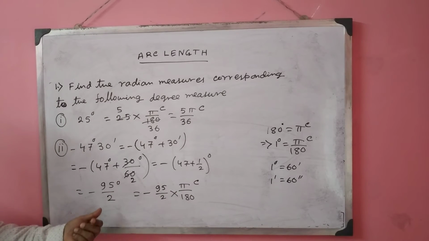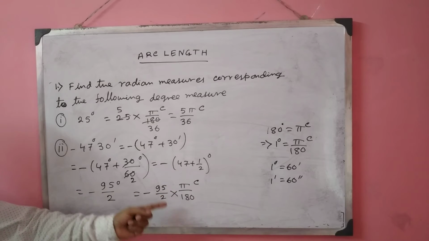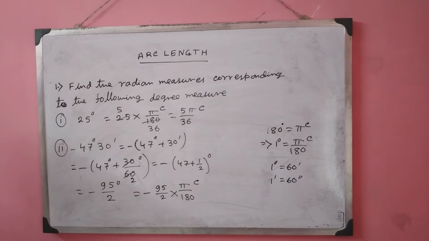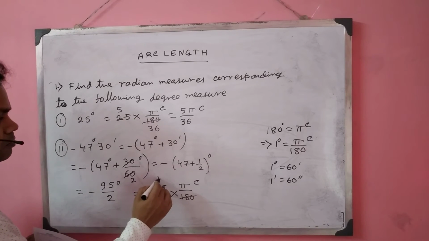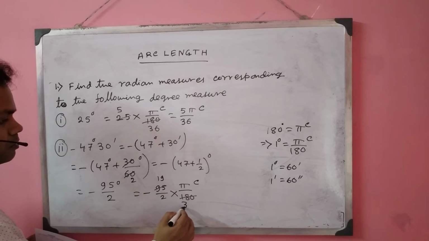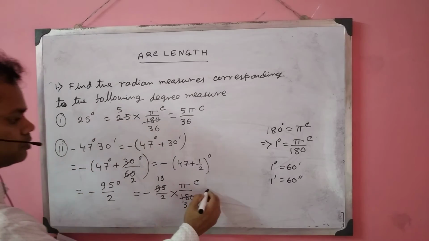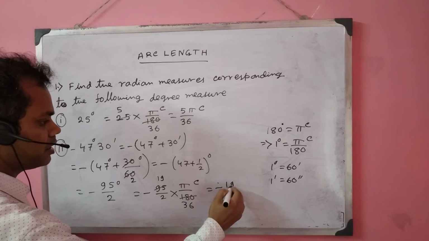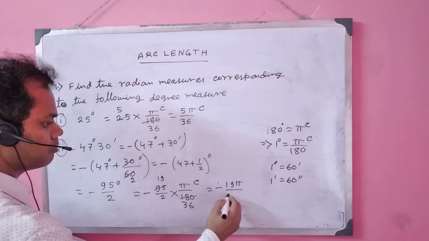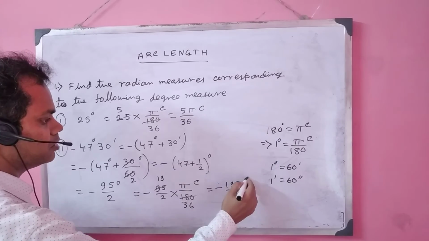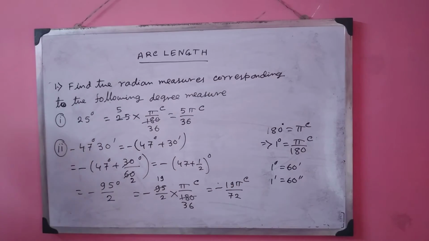So 95 by 2 degree equals 95 by 2 into pi by 180. So minus 19 pi by 72 radian.